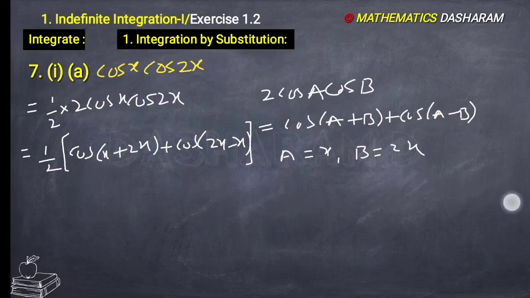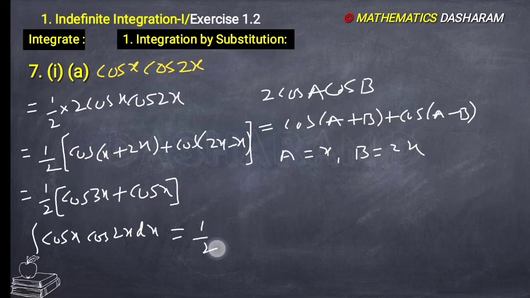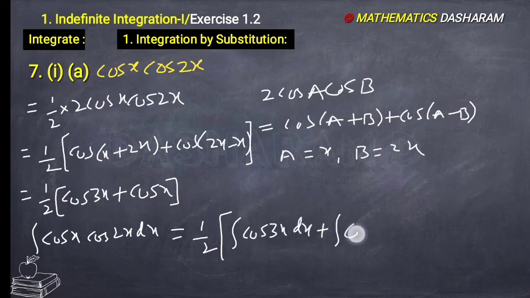So that is why here 1 by 2 bracket of cos 3x and cos x. Now apply the integration. So integration of cos x into cos 2x dx equals to 1 by 2, a constant, integration of cos 3x dx plus integration of cos x dx.